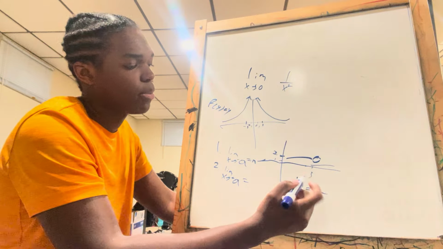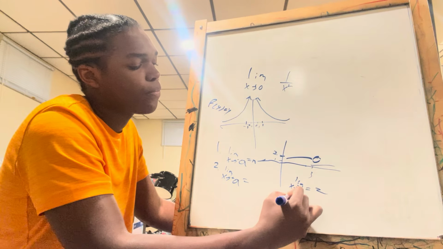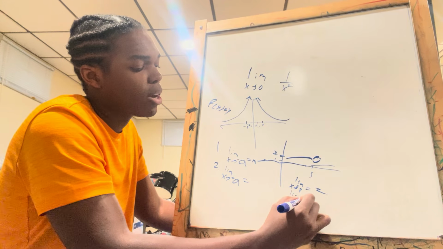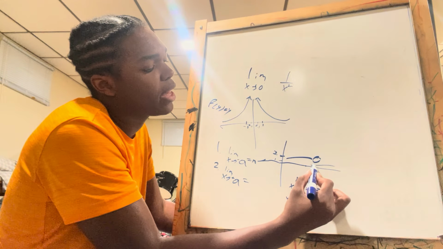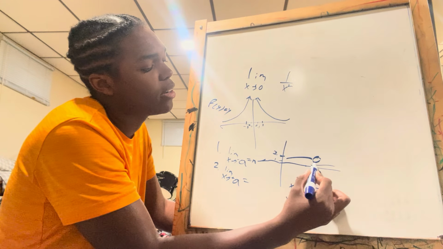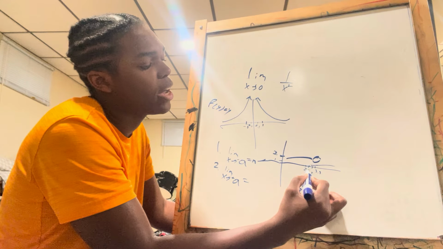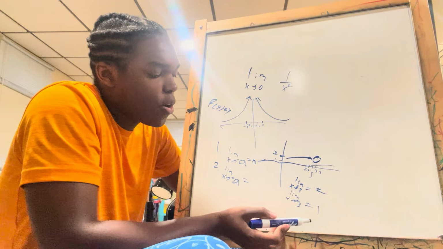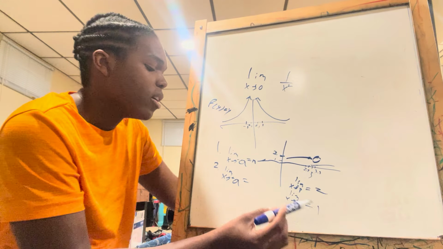The right side is the positive side, so the limit as x goes to 3 from the positive direction here is 1. Now, this means if I get like 3.1, it's going to be this 1 over here. And if I get like 2.9, it's going to be this point over here. Right? So from the right direction it is going to equal 1.